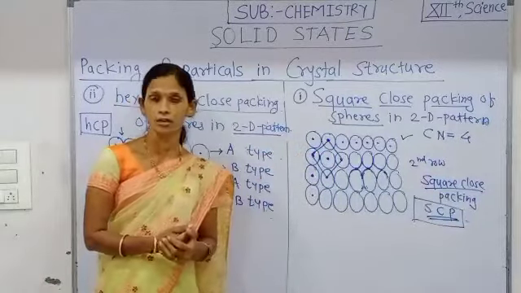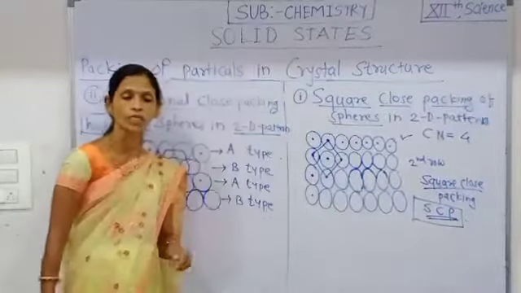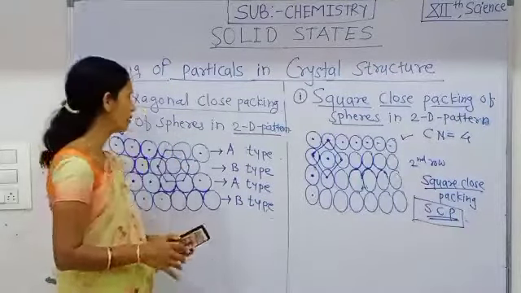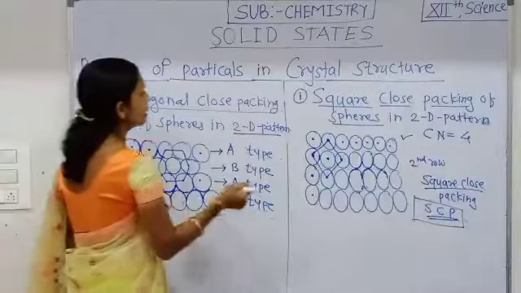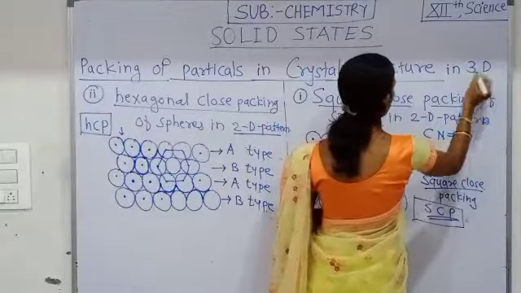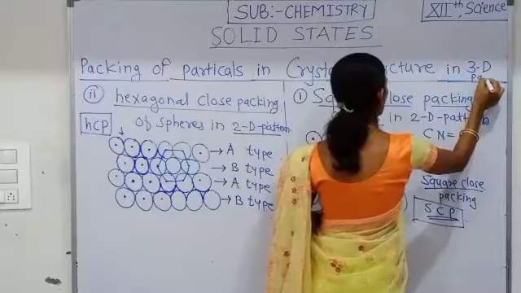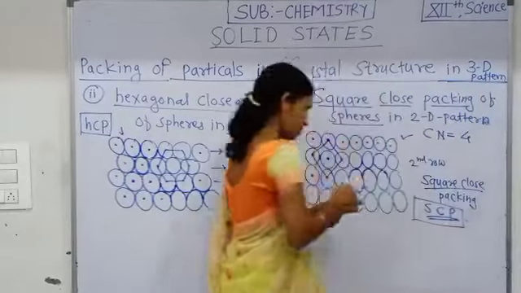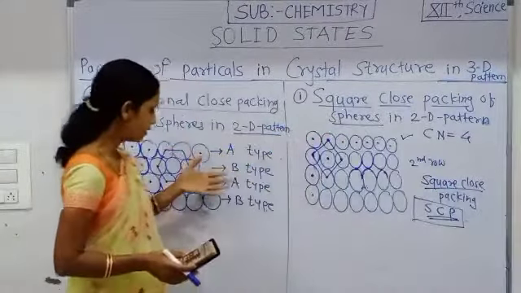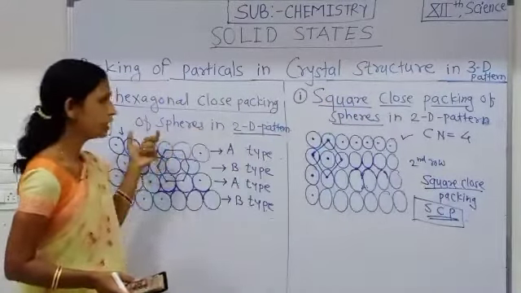Today we are going to discuss the close packing of spheres in a 3D pattern, that is, the packing of particles in a crystal structure in a three-dimensional pattern. There are two different types of layers: one is SCP, and the other is HCP.